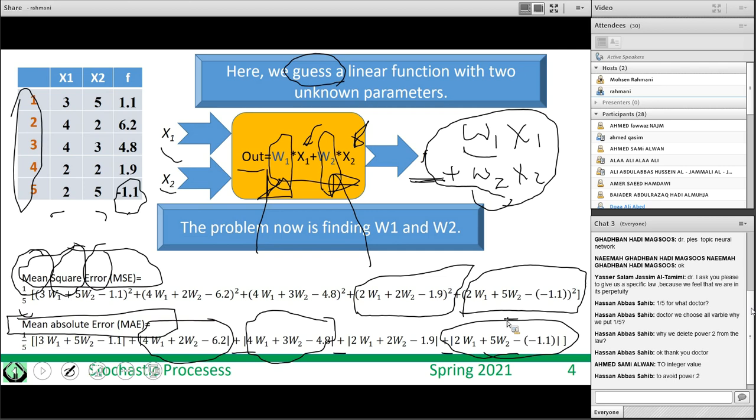And we want to have a summation on all errors. Of course, for the mean square error, we want to have a summation of errors of different rows, so we have to make all these positive numbers.